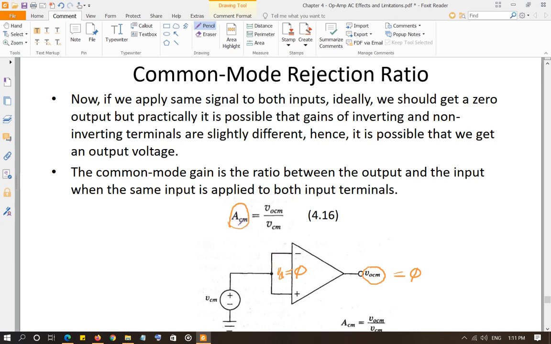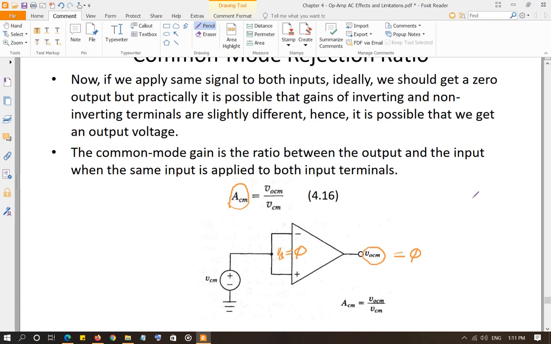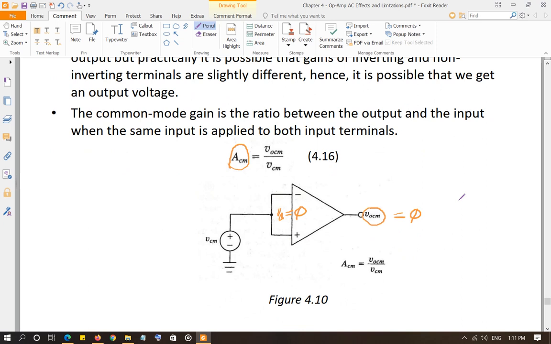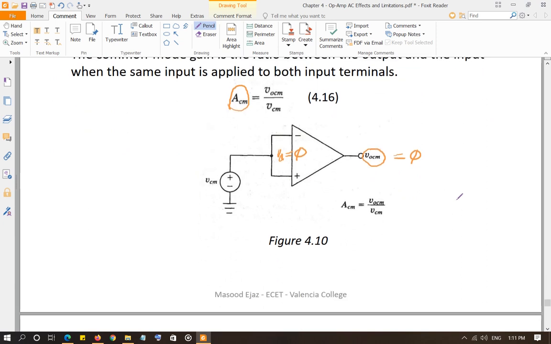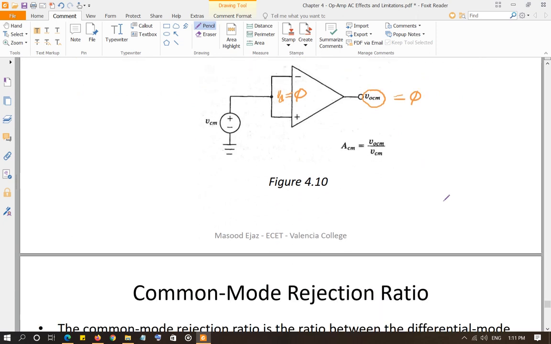ACM, the gain in the common mode, is the output that you see in the common mode when you apply the common mode input, that is, whatever input is applied to both the inverting and non-inverting terminals of the op amp. And the gain may be non-zero. We hope that it is 0, but practically it is non-zero.